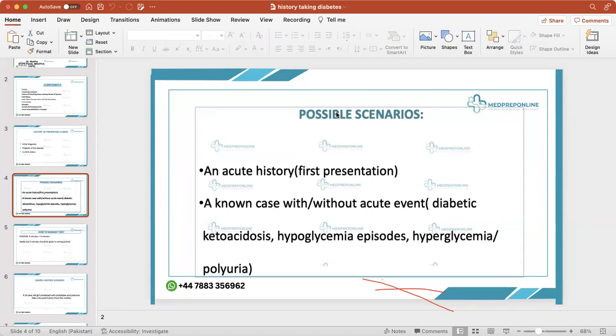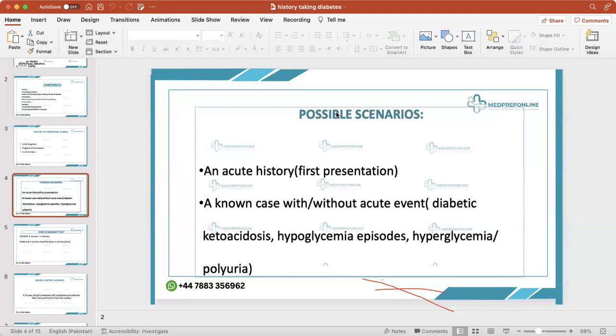And sometimes in the scenario, they might have mentioned that the child is a known case of diabetes mellitus, and he has now presented with the history of fainting twice in the last 1 month. Talk to the mother. Then, most likely, you have to think of the problems that might lead to fainting. Is the child having hypoglycemia?